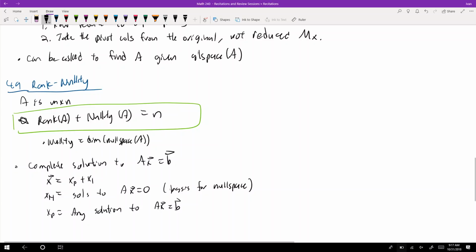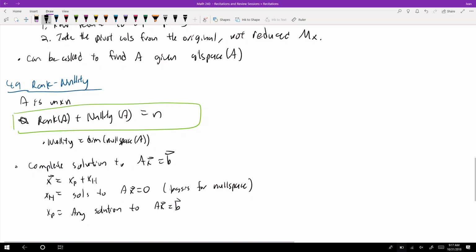Any other questions? Yeah. Is there a specific word for that? It's not the homogeneous one, x_p. It's a particular solution. That's why it's called p.